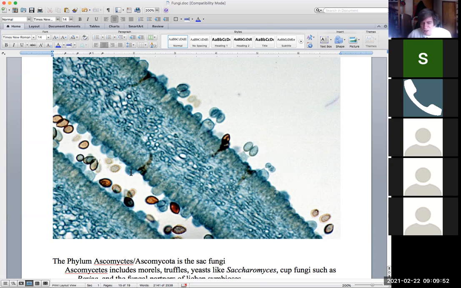So you can see some spores that don't really look like they're attached to any basidium. They're just floating around. And that's because of the fact that we tear this up a little bit when we make the slide.